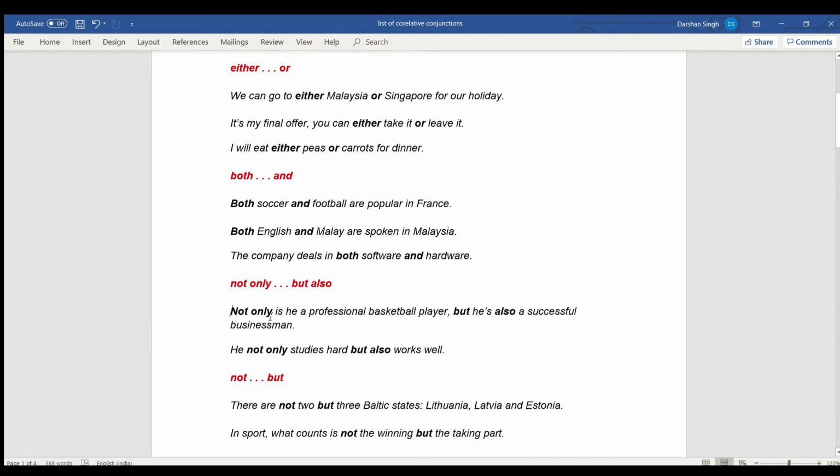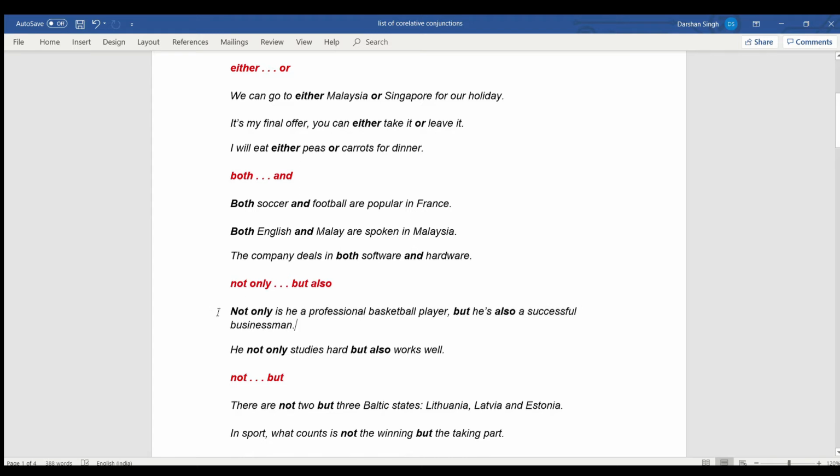The next conjunction is not only but also. So you can see the example clearly. Not only is he a professional basketball player, but he is also a successful businessman. This means he is a good professional basketball player and he is also a successful businessman. So you can use these correlative conjunctions not only in your speaking but also in your writing tasks of IELTS.